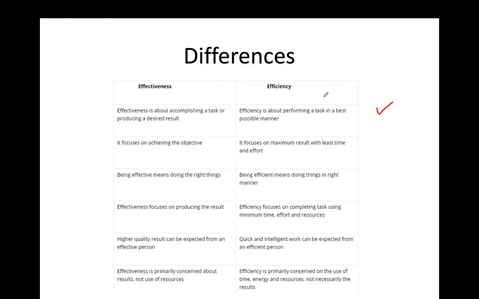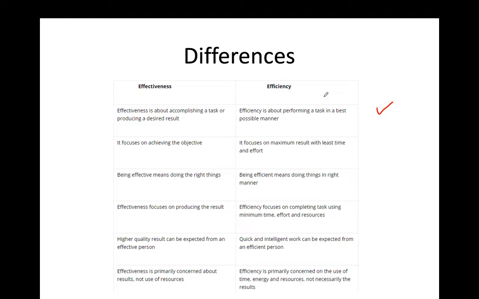It focuses on maximum result with least time and effort. So are you taking the right bus, or will the bus help you reach home faster than the taxi, or is the bike the fastest way? You complete your task, that is effectiveness, and how fast, in less time, you complete your task, that is efficiency.